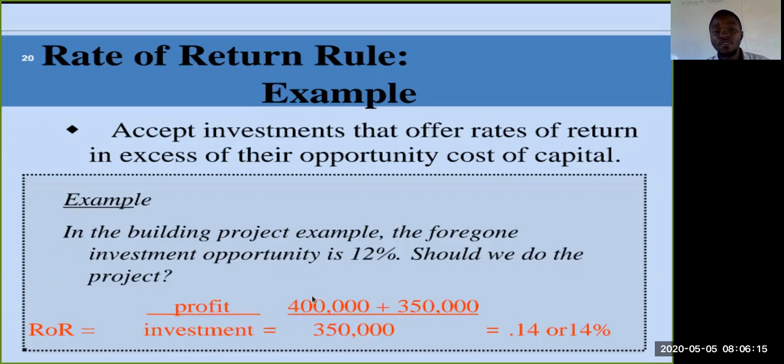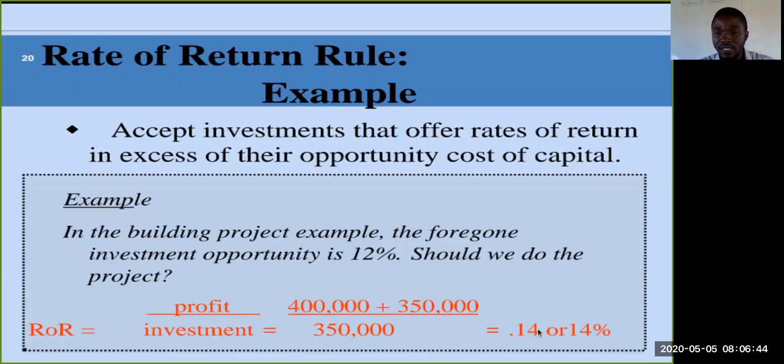So we had 400 million or 400,000, which was the cash flow at the end of year one. And our initial investment was 350. So you have the 400,000 minus the initial 350 over the initial 350. Calculating the rate of return, we get 0.14.